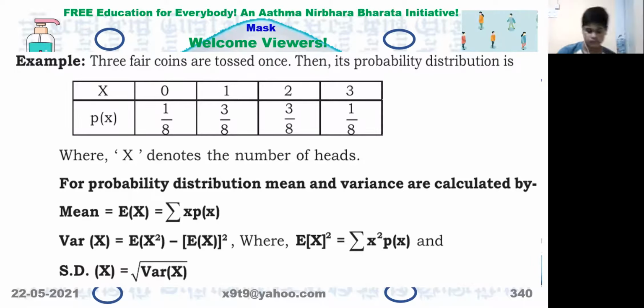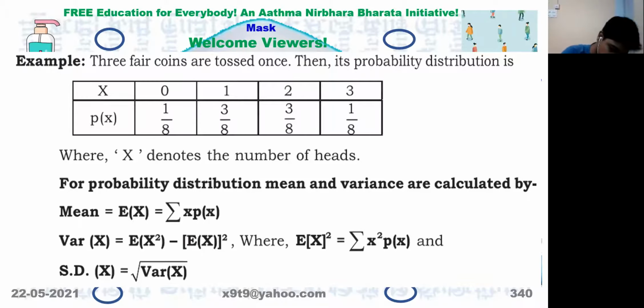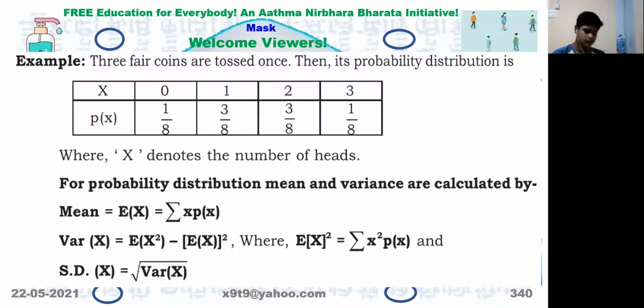Now fourth column you write x square. Fourth column heading you write x square. So you square the x values and write there. 0, 1, 4, 9. Correct.